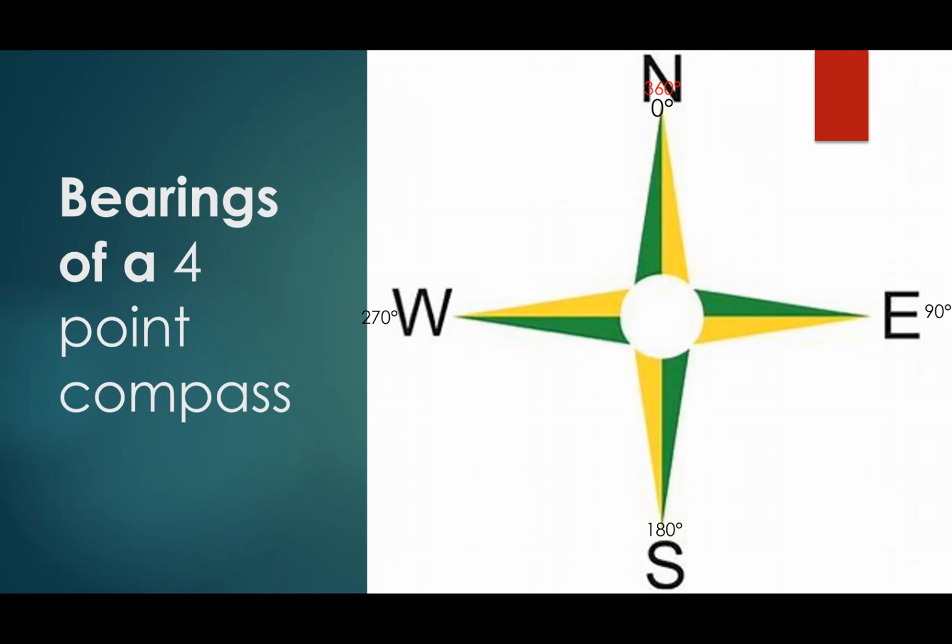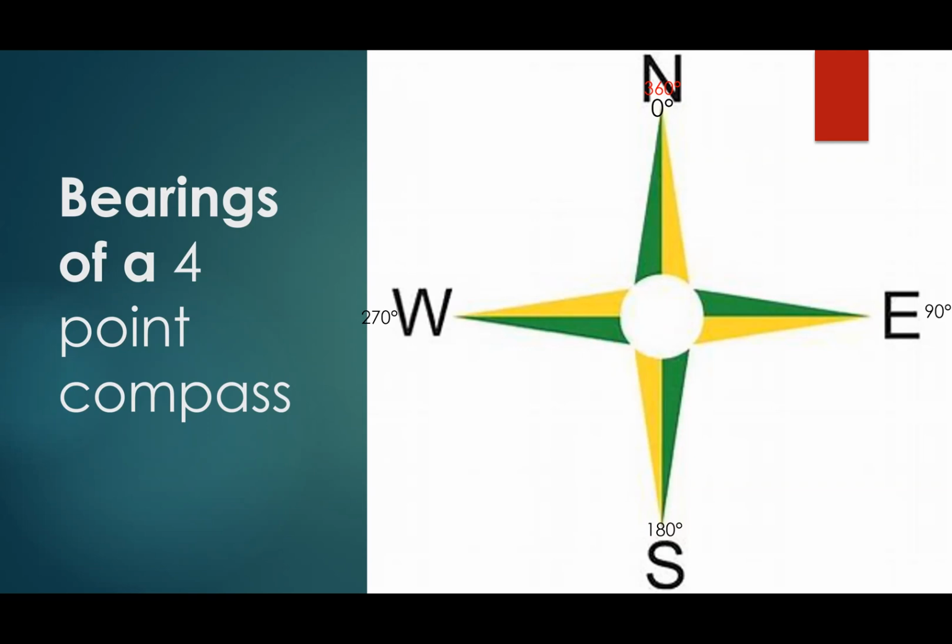And then I invite you to quickly write the bearings of each of the direction points that you see indicated by my screen. Once again, even as you write, I am just repeating this information to give you more time to record that in your books.